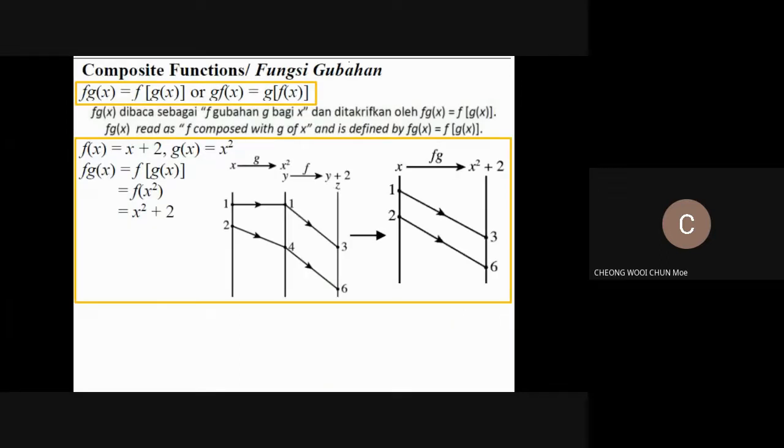And composite functions. So okay, how to read it? f composed with g of x. Usually we say fg(x) to read it faster.